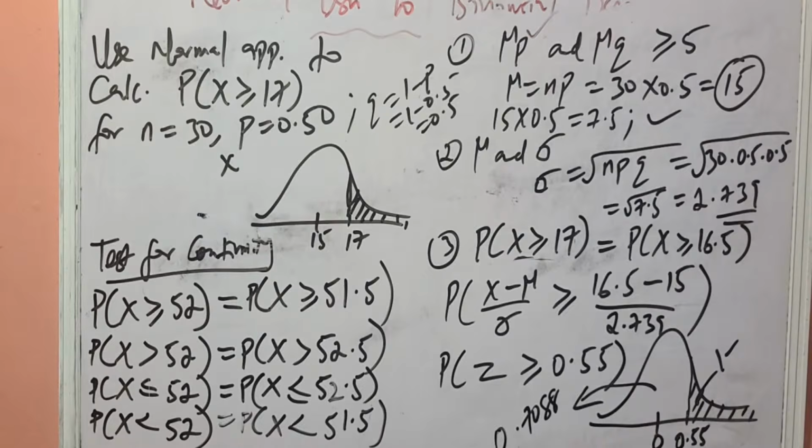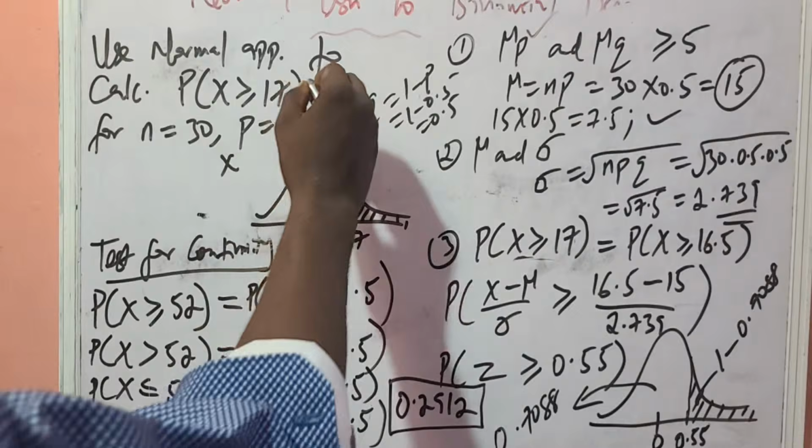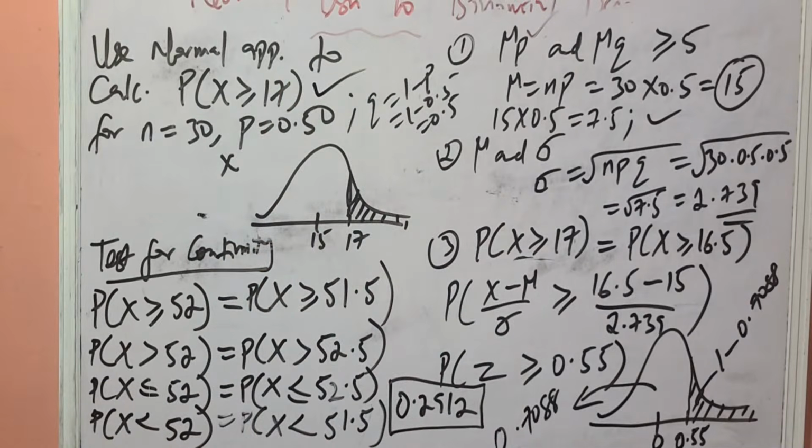So you have to subtract that from 1. And you will see that the value you'll be getting was 0.2912. So this is the answer for this question, making use of the normal approximation to solve a binomial distribution question.